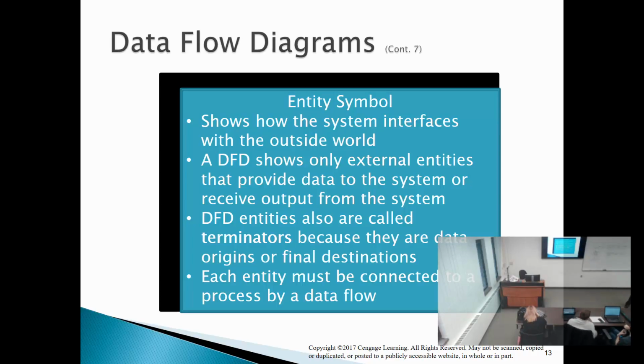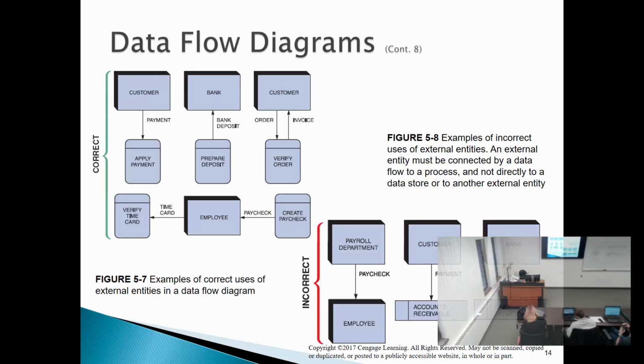Or if we were accepting a credit card payment, the credit card company would be an external entity that we are sending data to and receiving data from. So here are examples of that.